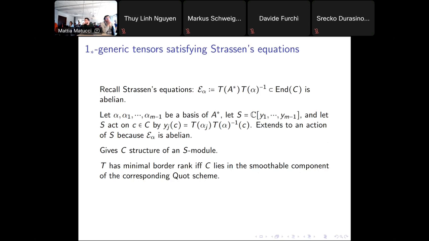Now, I could translate this to a module, but the module will have a stupid structure. It'll just be the diagonal matrices acting on my vector space. But that's okay, because at each time t, I have a different incarnation of that. And if I know how to take limits of curves of modules, which is a problem they solved for us 75 years ago, then I could talk about taking limits of curves of modules.